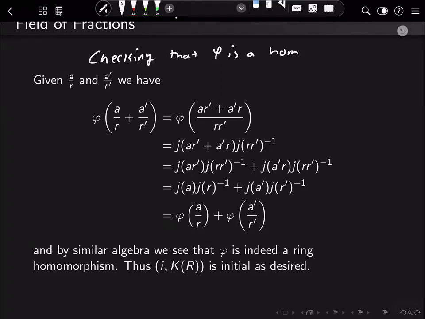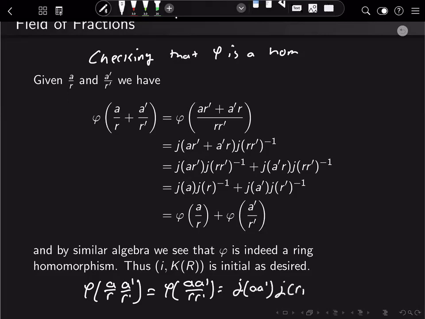And by similar algebraic manipulations, we see that this is a ring homomorphism. So we have A over R times A prime over R prime, right? That's going to be phi of A prime over R prime, which is equal to J of A prime, J of R prime, which is equal to J of A, J of A prime, J of R, J of R prime, and the rest is just trivial from there by rearranging the terms, and we get everything that we need.